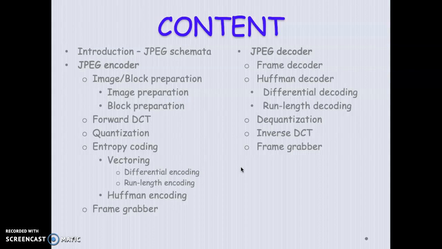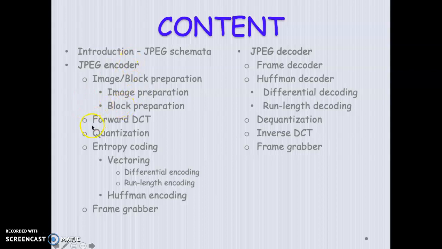JPEG does not use only one technique, so it is a combination. Okay, what we have learned before, where you will have the encoder and decoder. In the encoder, you will do the image or block preparation, meaning you will identify the input image type, and then you will do the block preparation, meaning you will divide the image into blocks.